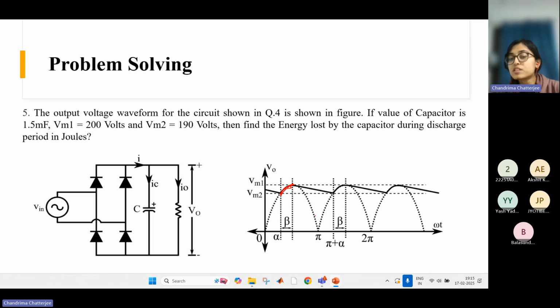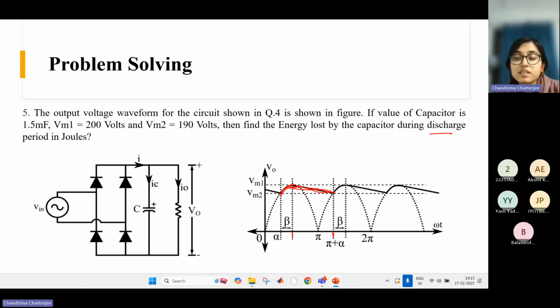Here the source voltage is falling, but the output voltage is not falling. It is retaining some value. Right. This is the discharging period when the capacitor provides the load current. So they are asking, find the energy lost by the capacitor during this discharge period, from this point to this point.